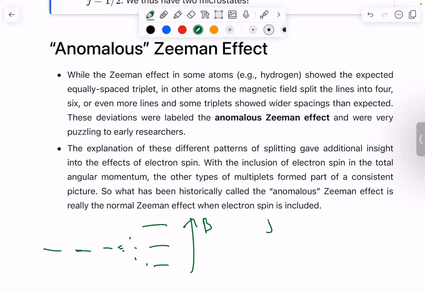The key here is that to observe the anomalous Zeeman effect, you don't want a strong magnetic field. You can have a weak magnetic field, or you don't have to have an external magnetic field.